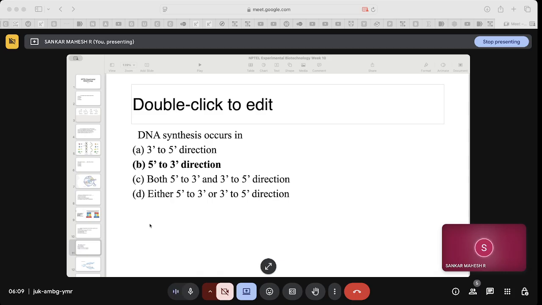Right. So the nature of your DNA polymerase is what will dictate the directionality. Right. That's correct. So now let's come to the bond that is being formed when DNA synthesis happens.